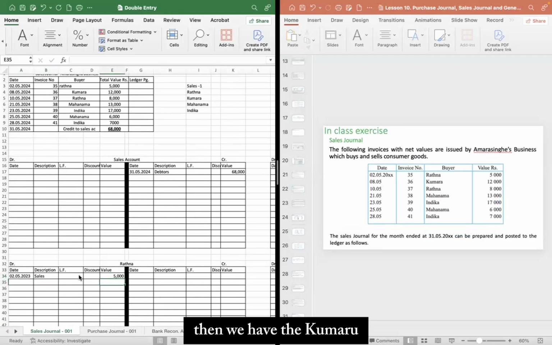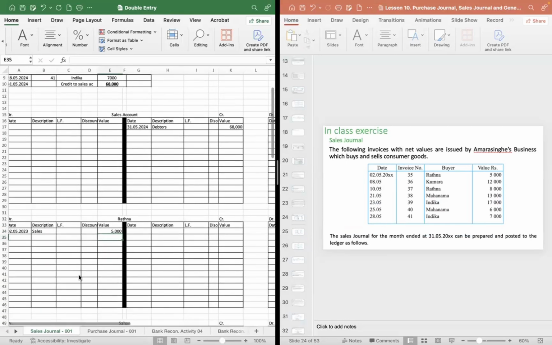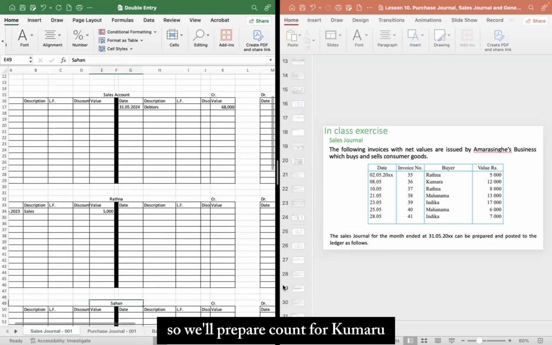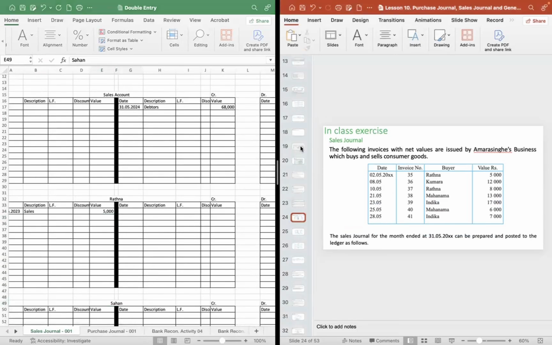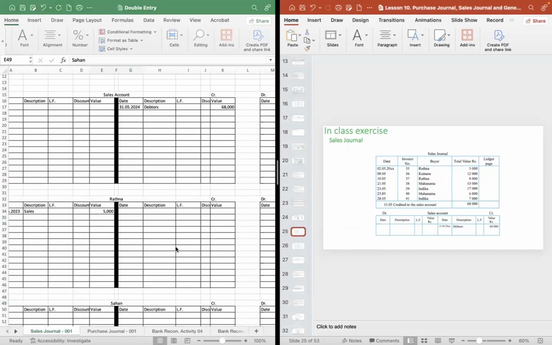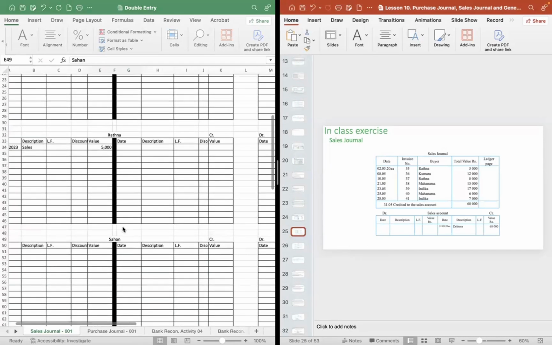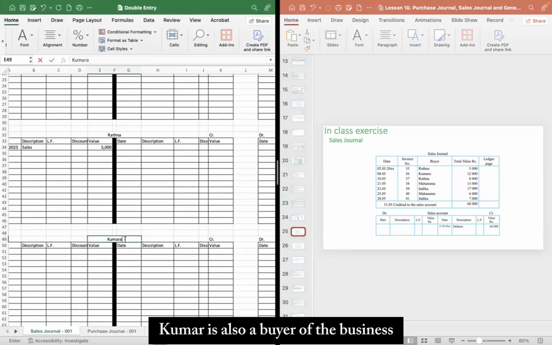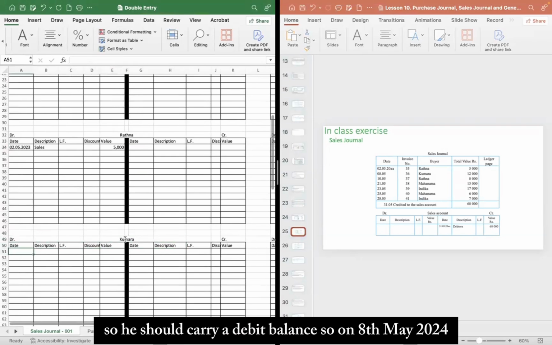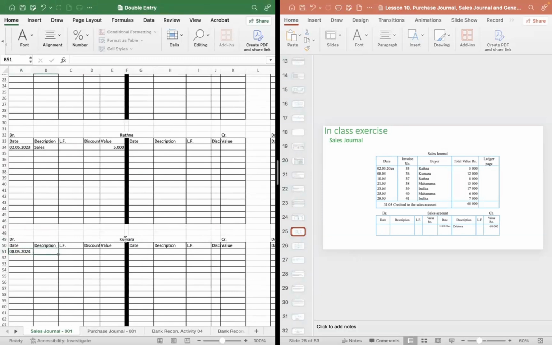Then we have the Kumara. So we'll prepare an account for Kumara. Ratna done, then Kumara. Kumar is also a buyer of the business, so ideally a debtor. So he should carry a debit balance. So on 8th May 2024, Kumar 12,000.